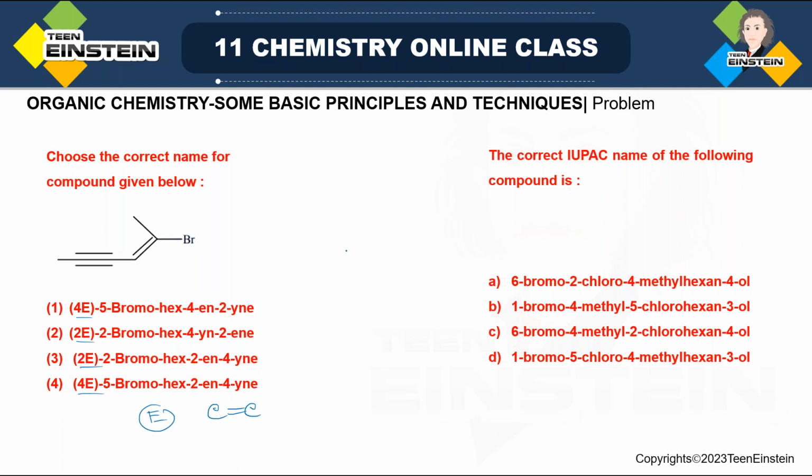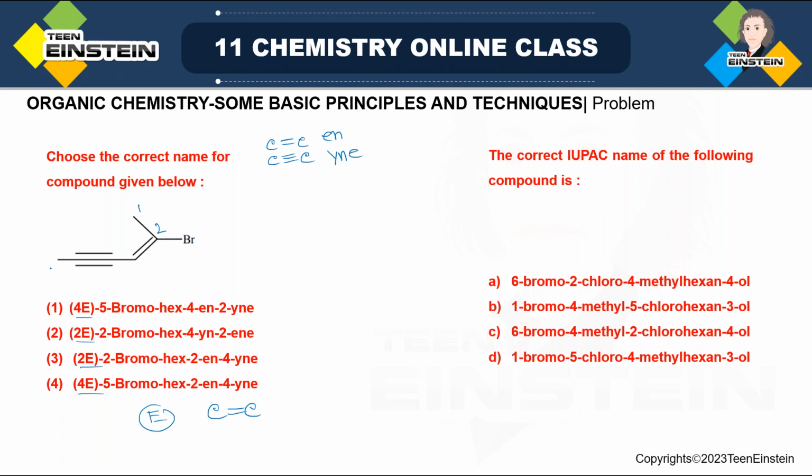Now in this molecule we have simultaneous presence of a C=C double bond, and also there is a C≡C triple bond. Both types of unsaturation are there. So this is ene and this is yne, right? Now we have seen in the last class that when their positions are equivalent, suppose if you are starting the numbering from this side, it is 1, 2.